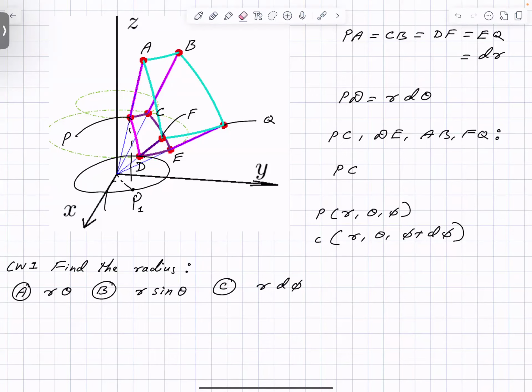So what we know is that now this length has to be r sine theta. Why? That has to be r sine theta because this length is r, and this angle, we know by definition, is theta. So in the right angled triangle, the height, the perpendicular in that right angled triangle, has to be r sine theta.